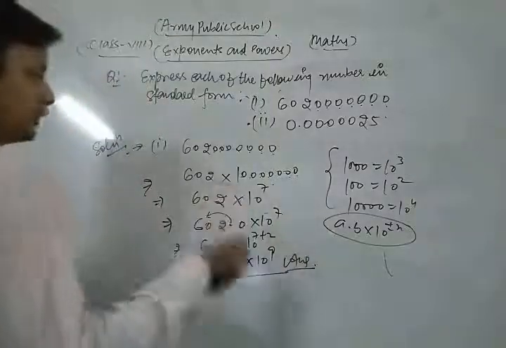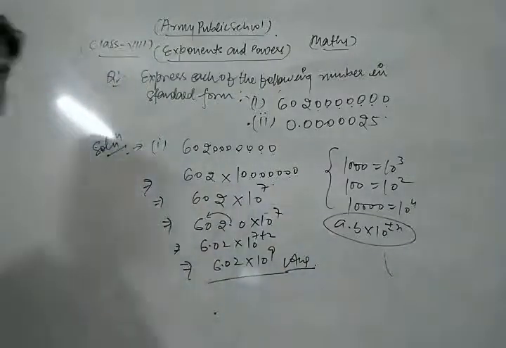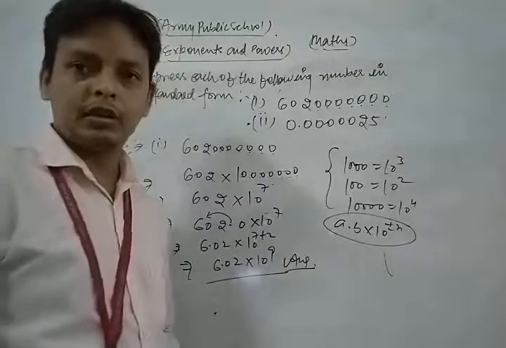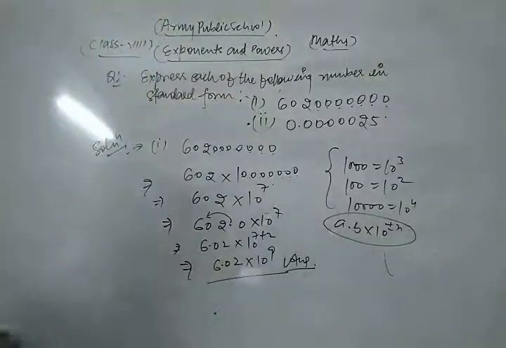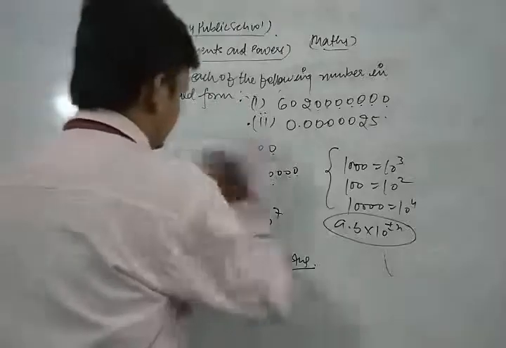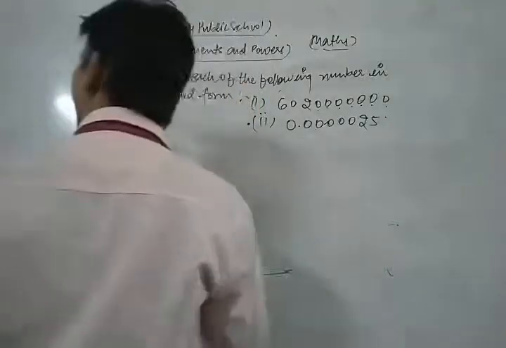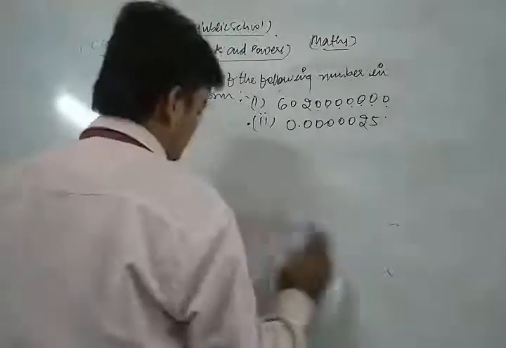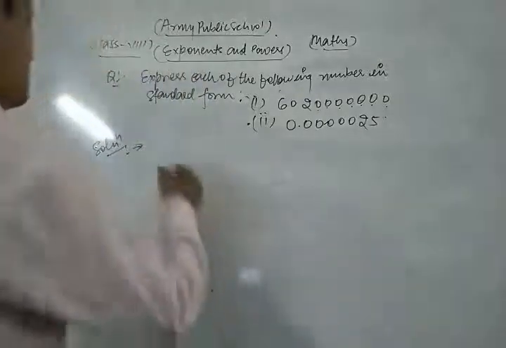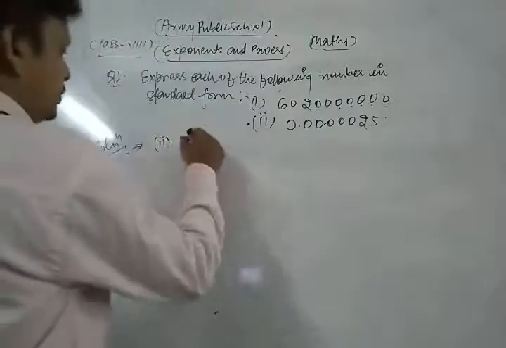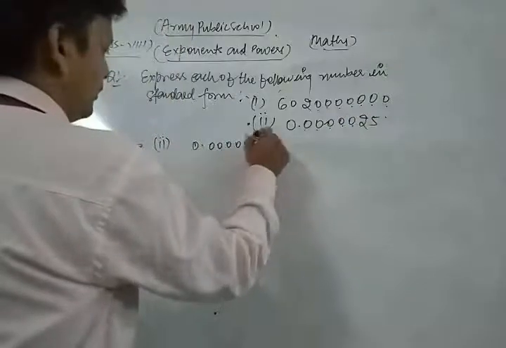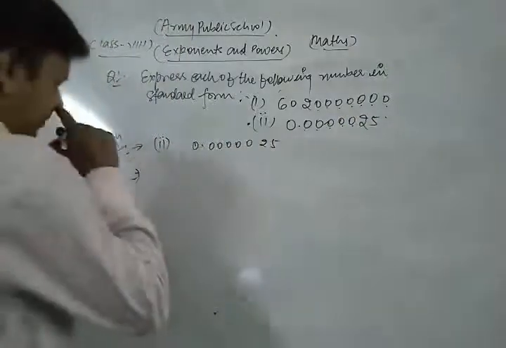So in this way, you can solve each and every question of your NCERT exercise based on these topics. Simple. Now we take and solve the second part of this question. Let's see. 0.000025. We write it first.